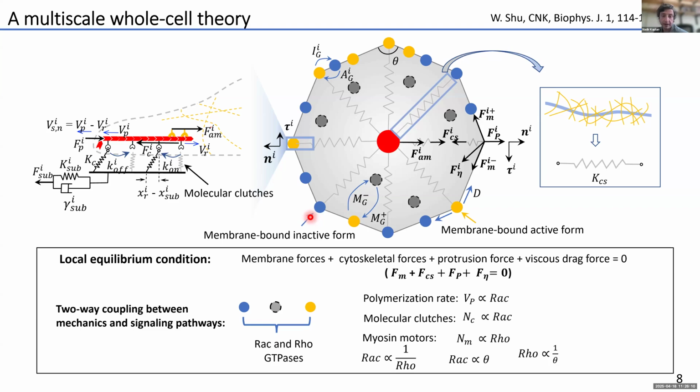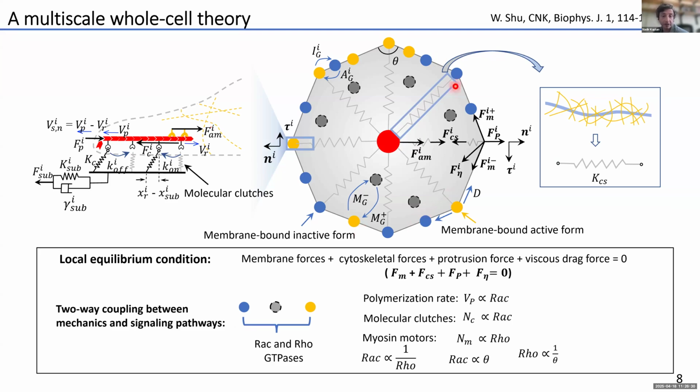These could be RAC and Rho signals. They could be active, shown by yellow here, but they can also be in the cytosolic form, shown by gray. Within those three states, there's going to be some exchange, and there are going to be some rate terms associated with that.